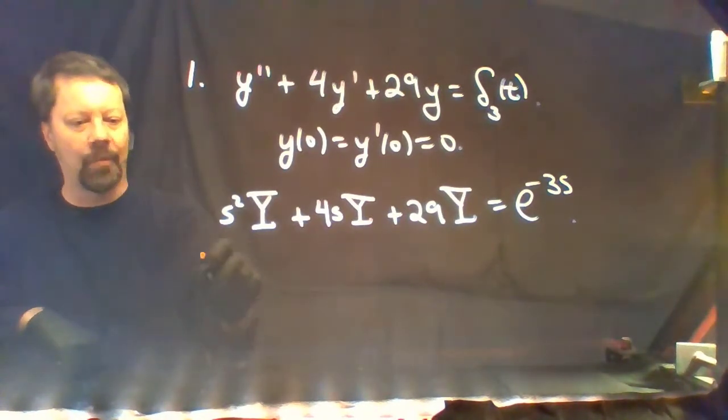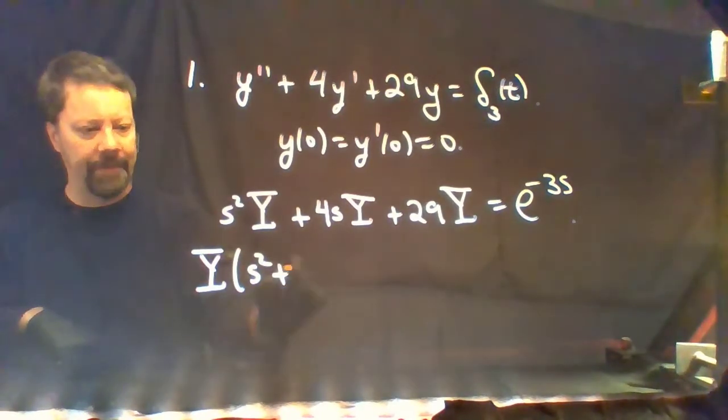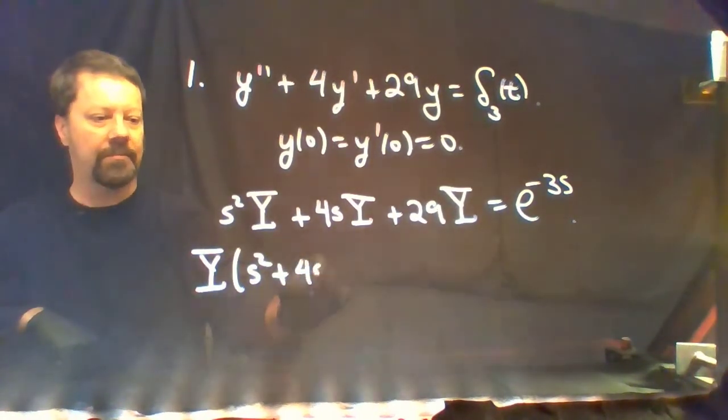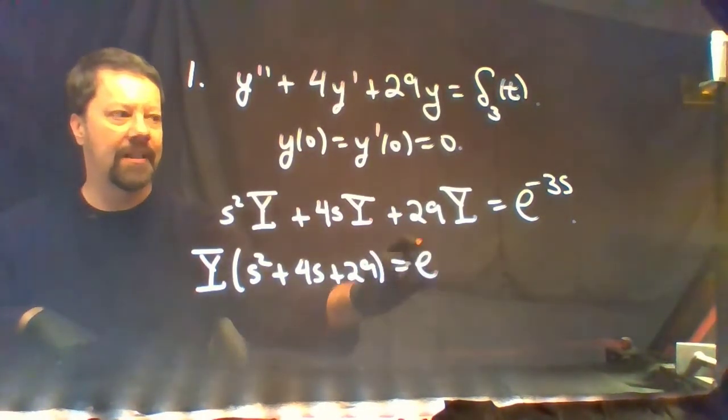We factor the Y out on the left, let big Y times s squared plus 4s plus 29, still equal to e to the minus 3s.